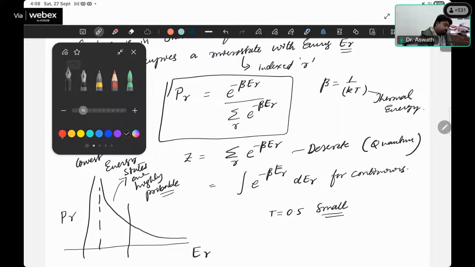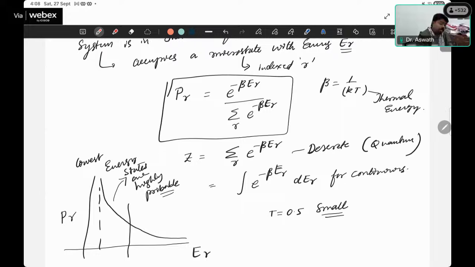Now, if you just take a higher temperature, let's say T equal to 5, the units can be Kelvin or degrees or anything. For a higher case, if you plot, what you get to see is a probability distribution like this. So what is here?